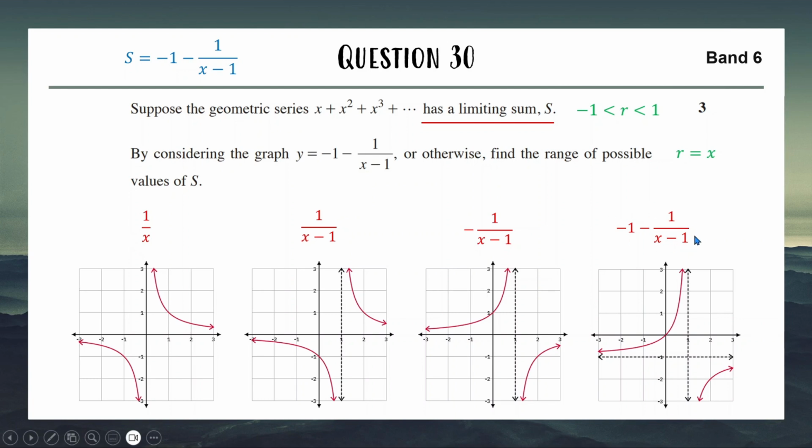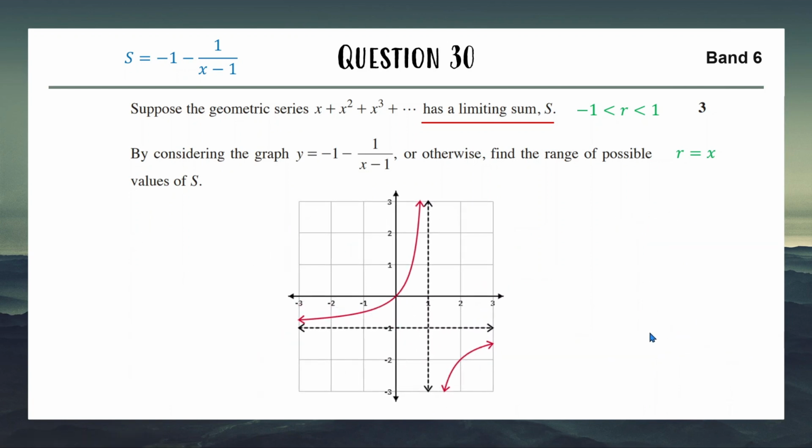And so let's just blow this up and look at this graph. That was the one from the right. Now the red line is showing us the possible values of the left-hand side, which was s. But the crucial information here is that the question said we have a limiting sum, and that means our x value, which is really our r value, is between minus 1 and 1. So we are only looking at these sections of the graph.